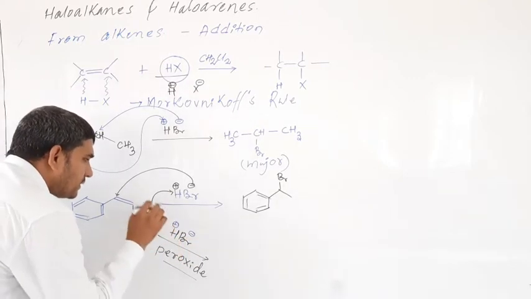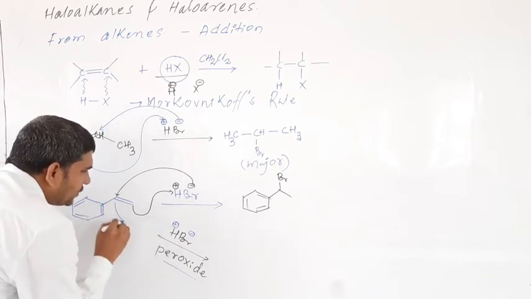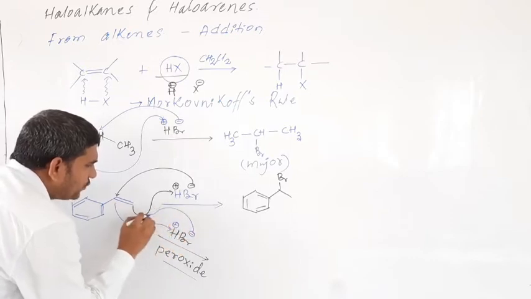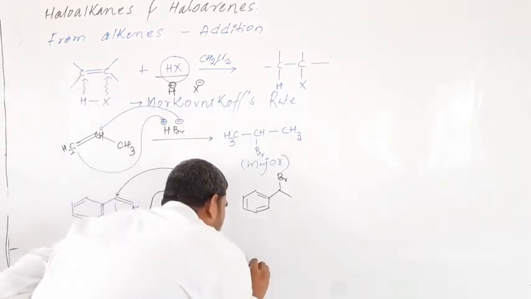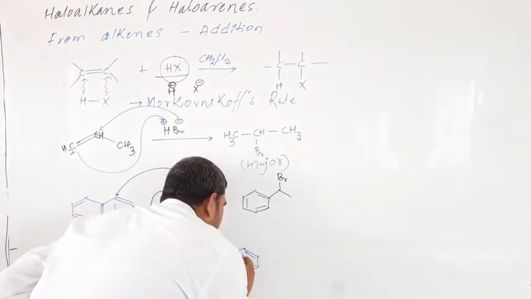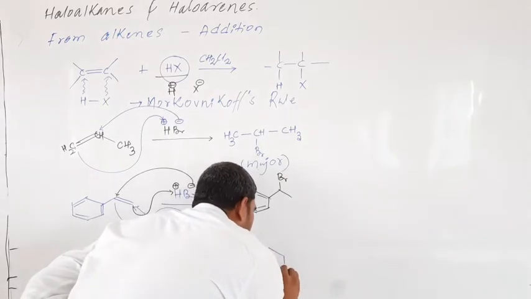H plus attaches to the carbon containing the minimum number and Br minus to the carbon containing the maximum number. So the product is totally different. What is the product? This one is the product.